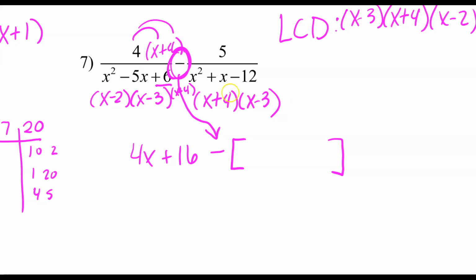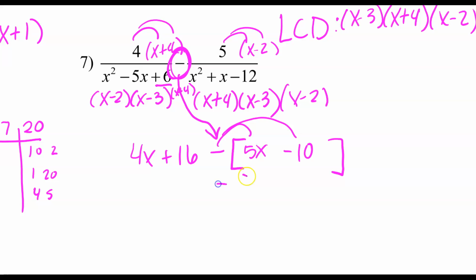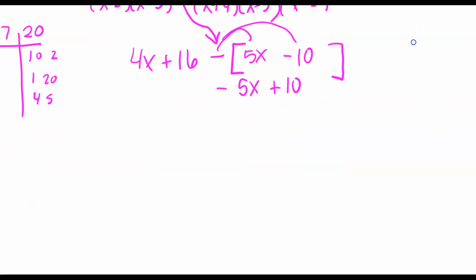So I've got to multiply the second term by x minus 2 because that's missing. And when I do that, I've got 5x minus 10. So because I'm subtracting this, now I distribute. And I have negative 5x plus 10. And now I feel comfortable to combine my like terms.